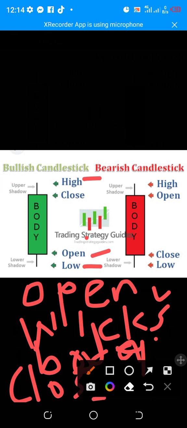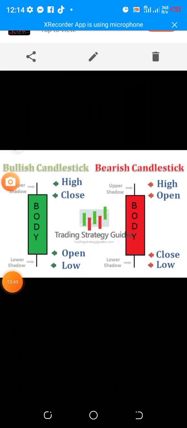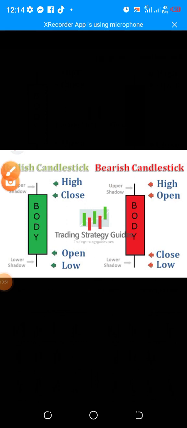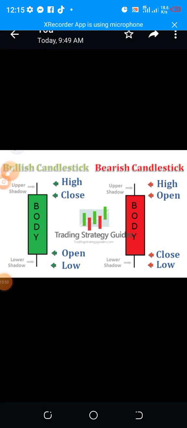Those are four characteristics of a candle. One is open, two is wicks, the highest wick and lowest wick. The candle must have a body, and the candle must have a close.